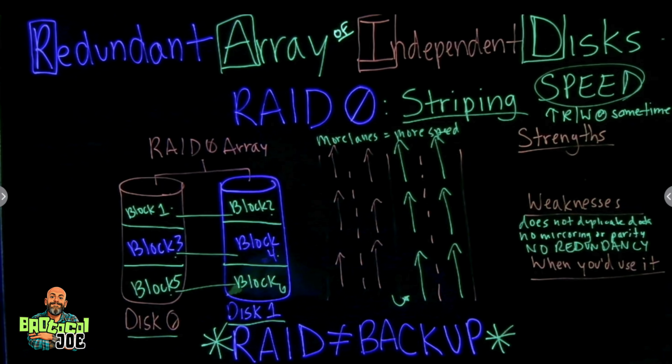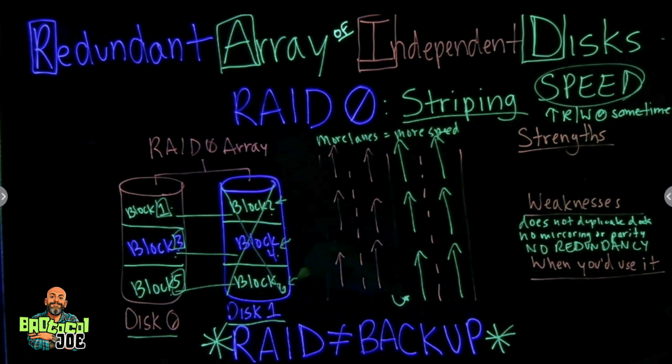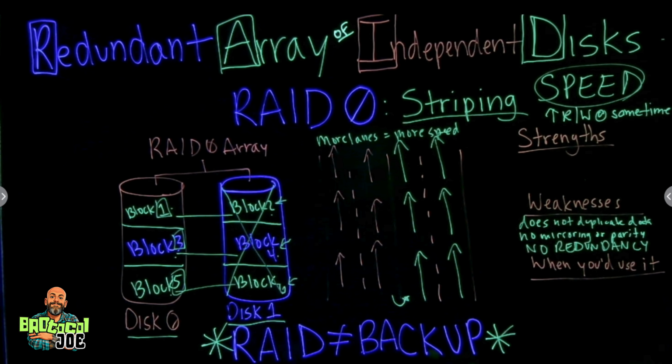So again, let's say disk 1 fails. You only have blocks 1, 3, and 5. So all of the data is messed up because data blocks 2, 4, and 6 are gone. You can't have your data if half of the data is missing. So you lose one drive, you lose all the data.